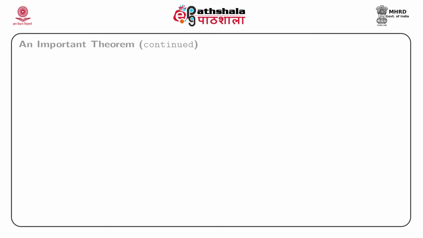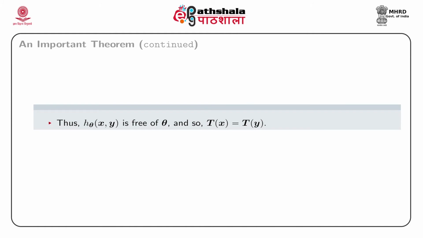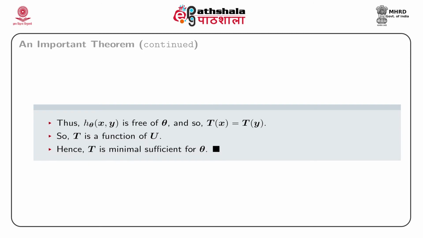Thus, h_theta(x,y) is free from theta. Now, by invoking the only if part, we claim that T(x) equals T(y). That is, T is a function of U. Now, the proof is complete.